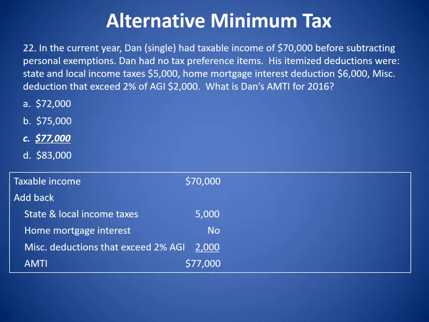His home mortgage interest does not have to be added back to income. That is one of the items that does not have to be added back to arrive at AMTI. And we also have miscellaneous deductions that exceed the 2% of the AGI. We have to add back those at $2,000. So his AMTI is $77,000.